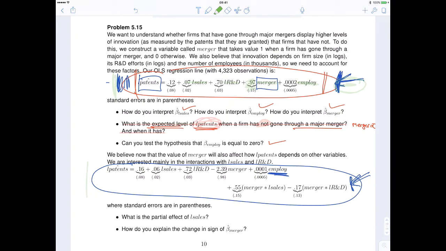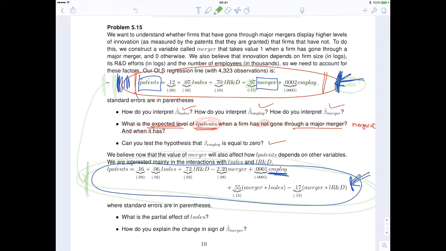This model in itself will not necessarily lead to bias or unbiased. This is not improving the bias or unbiased, because you still have the merger, research and development. You're not doing this because you expect it to come up with a less biased type of estimator.